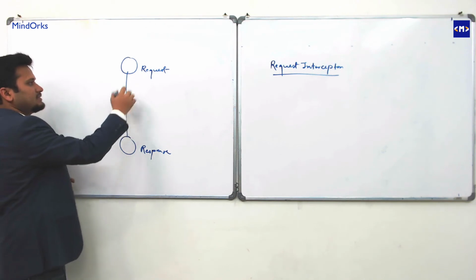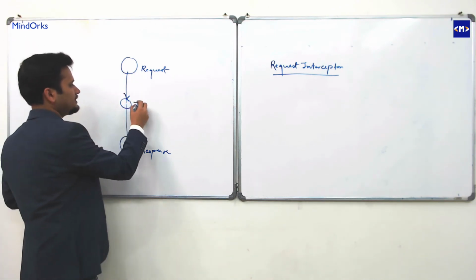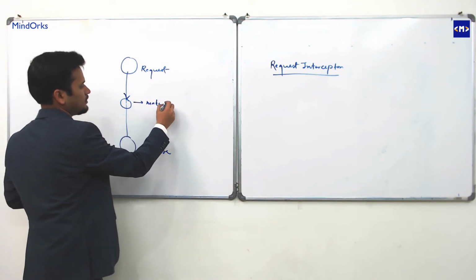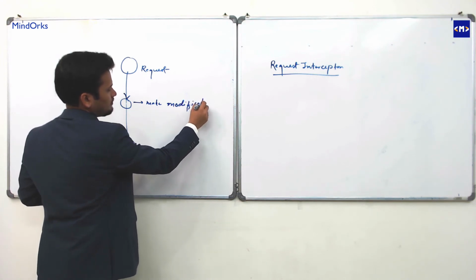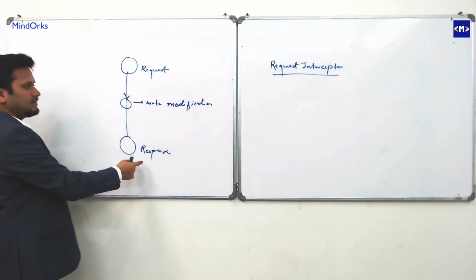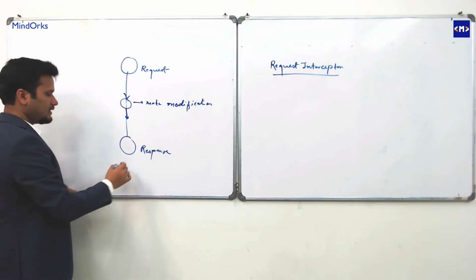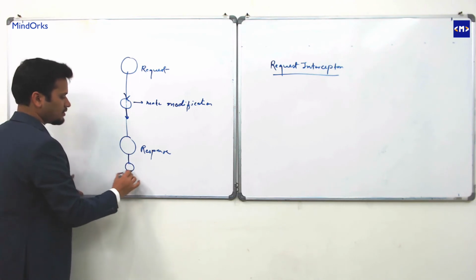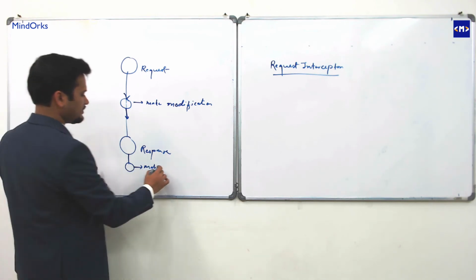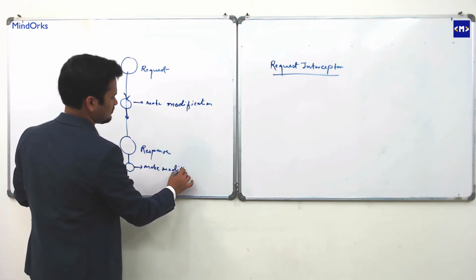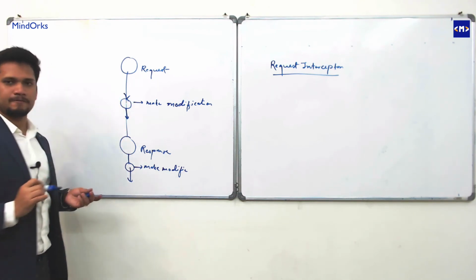What an interceptor does is, before making a request, it can capture that request, make some modification or do whatever it wants with the request, and after making the modification, it will call again. Similarly, it can also capture the response, do some modification with it, and then forward it to the application. So these are the roles of interceptors.